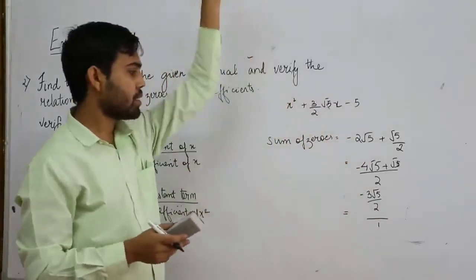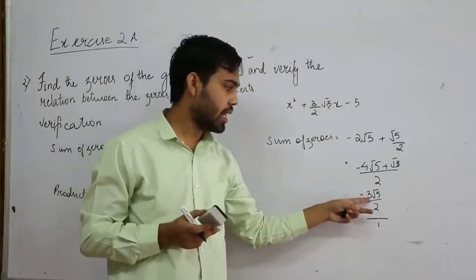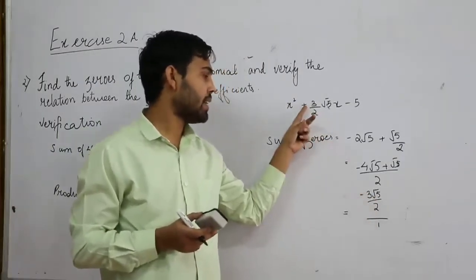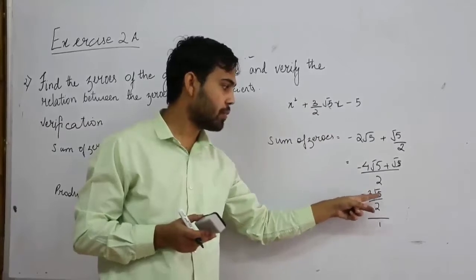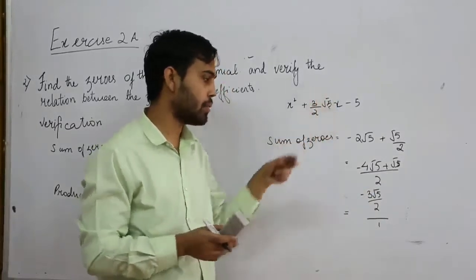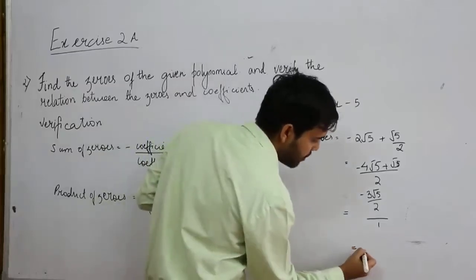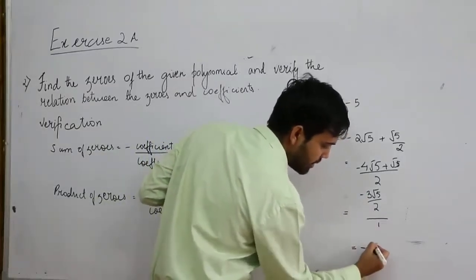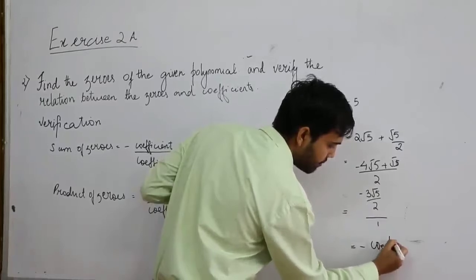Minus 3 root 5 by 2 is minus the coefficient of x, and 1 is the coefficient of x squared.